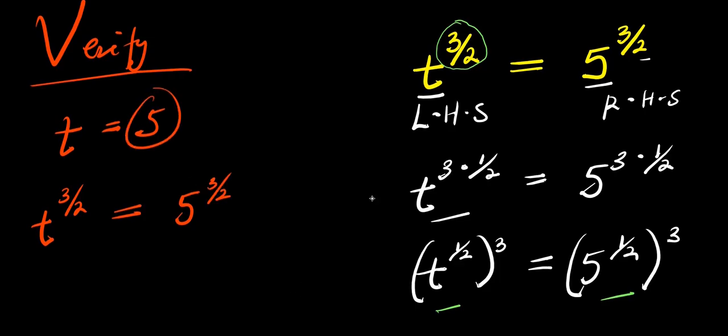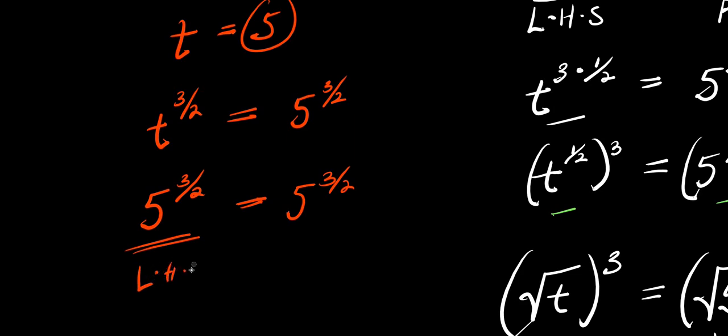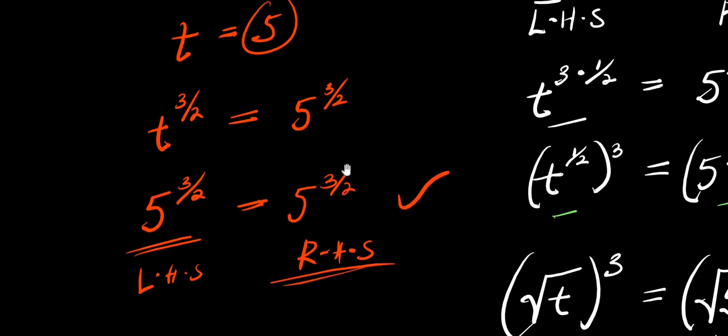Substitute this for t, meaning that you have 5 power 3 over 2 equals 5 power 3 over 2. The left-hand side now is the same as the right-hand side. So we have proven our solution to be correct.